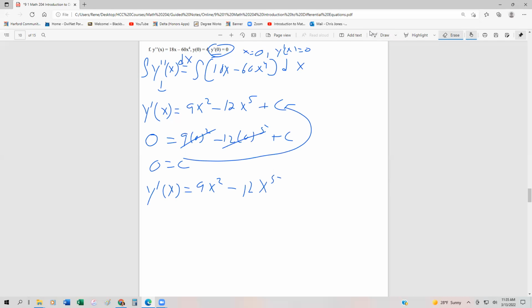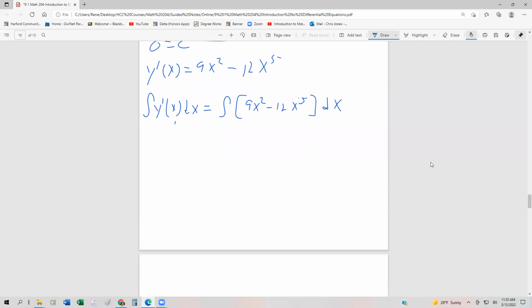All right, now we're going to integrate again, so now we're going to find the antiderivative, and that's going to be the integral of 9x squared minus 12x to the fifth dx, right?